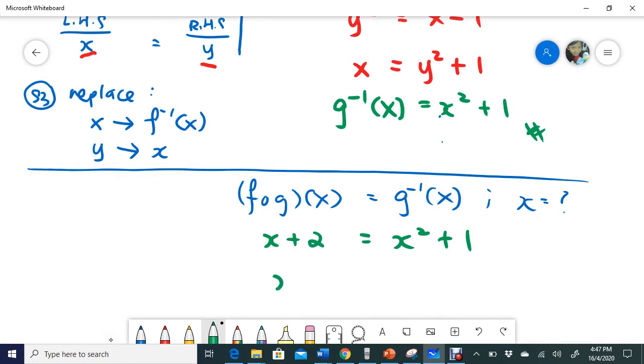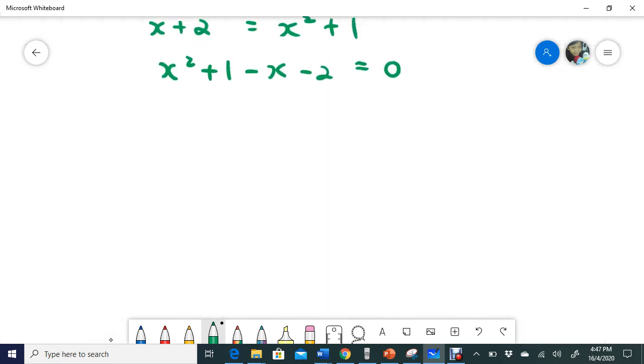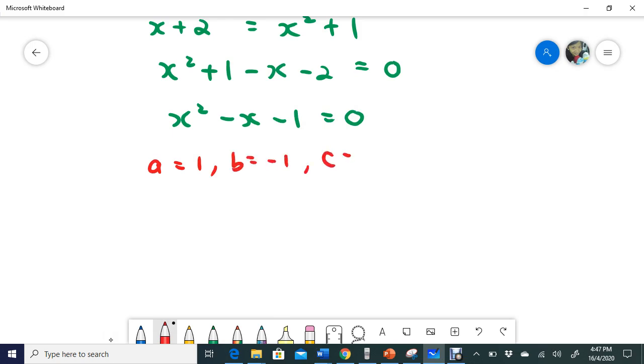Okay, so you have x squared plus 1 minus x minus 2 equal to 0. So obviously, what do you have? You will have x squared minus x minus 1 equal to 0. So do remember to highlight your a is 1, your b is -1, your c is -1.